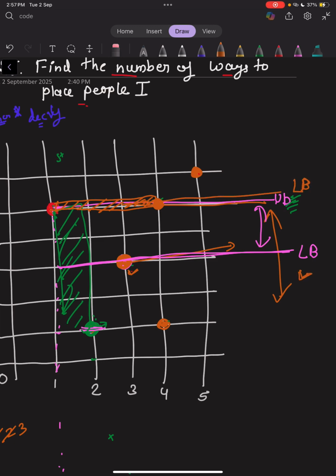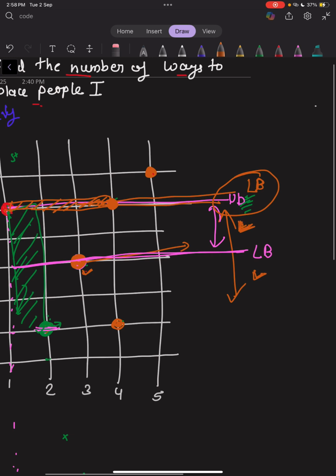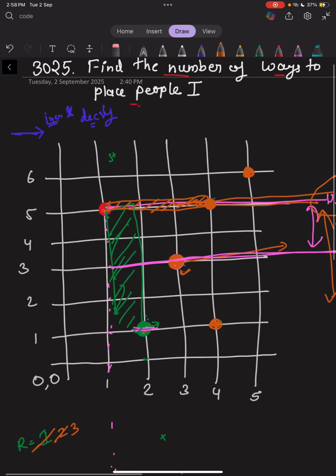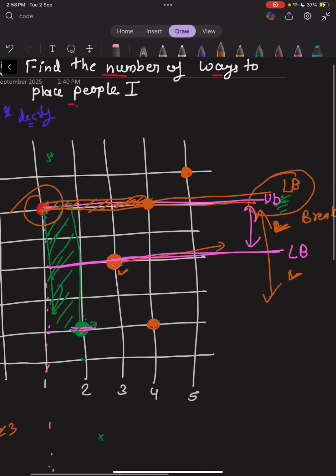And now since the lower bound and upper bound came to the same level, we will break the loop for this starting point.